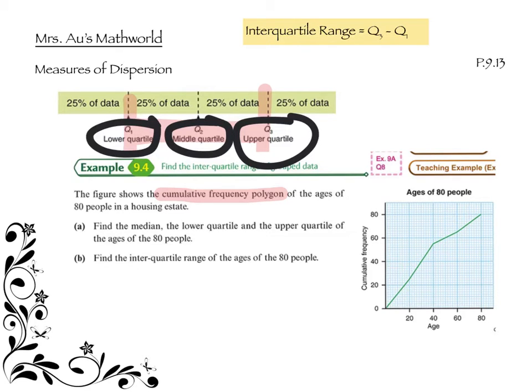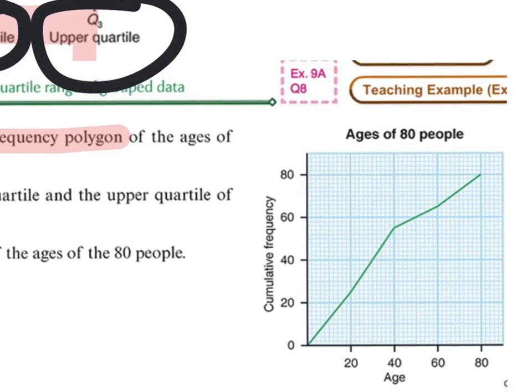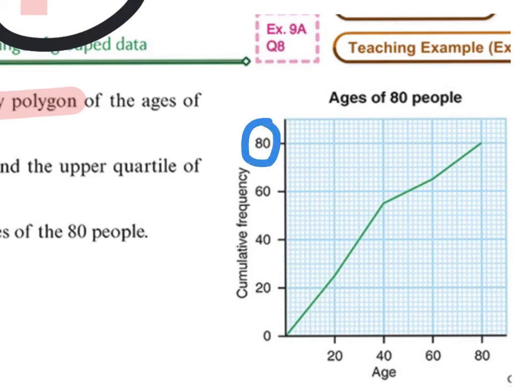For the median, it is in the middle of the people, right? For a cumulative frequency polygon, we just look at the total number of people divided by 2. That means the median is the 40th data. We always need to do 2 steps when we want to find the median or interquartile range.